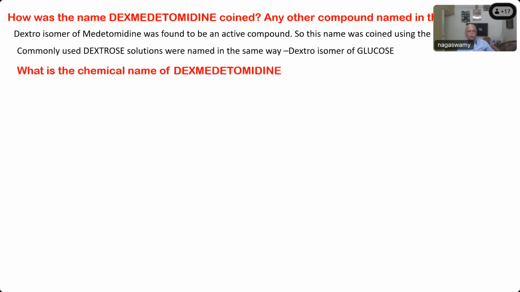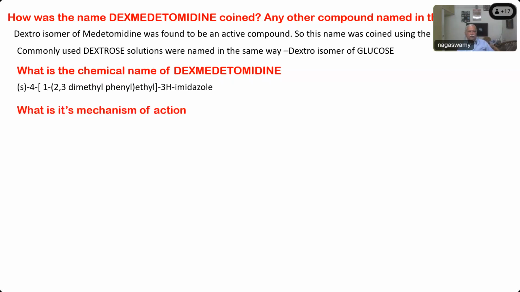Right. What is the chemical name for dexmedetomidine? Sometimes they may ask you this, because this drug is very commonly used nowadays. And if they give you the ampule or vial in your hand, they may ask you all that. Of course, it's very difficult to remember, but this is the formula: 4-[1-(2,3-dimethylphenyl)ethyl]-1H-imidazole.